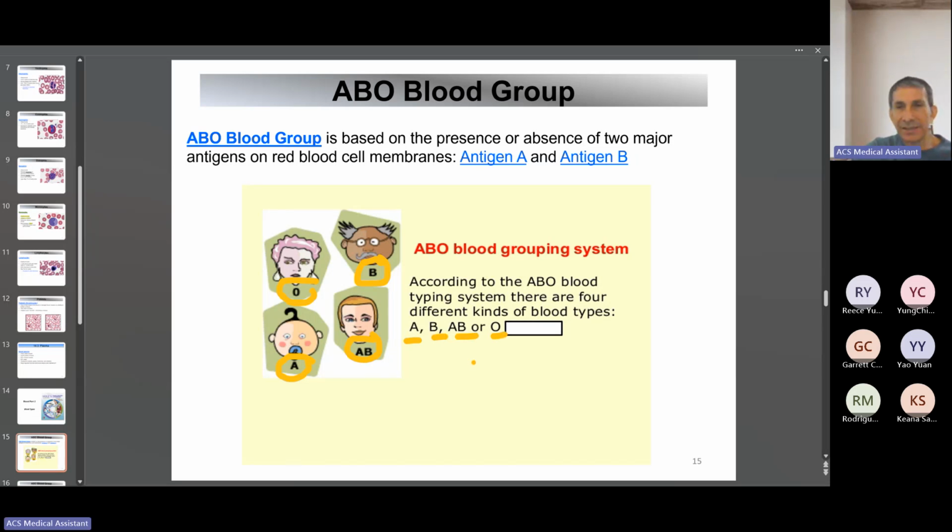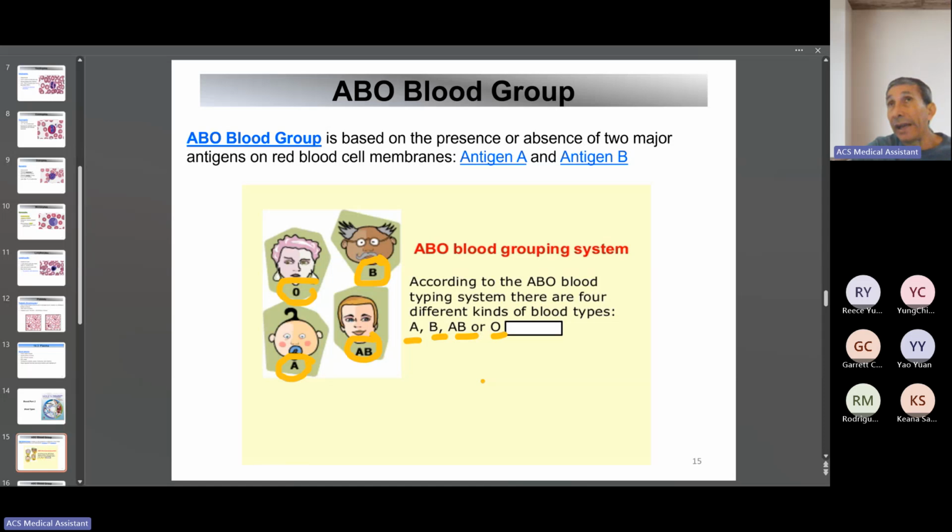Now, yes, I know you're thinking, wow, but I'm A plus. Well, I'm not talking about grade wise. I'm talking about blood type. Yes, you can have A positive or A negative. You can have B positive, B negative. You can have O positive, O negative.